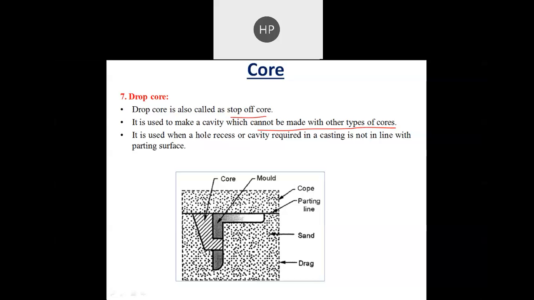In that case we have to go for a drop core, and it is used when a hole, recess or cavity required in the casting is not in line with the parting line. Okay, so this is the important thing. You can see this is the hole we want to create over here. This is our casting, and we want to create a hole in between here.